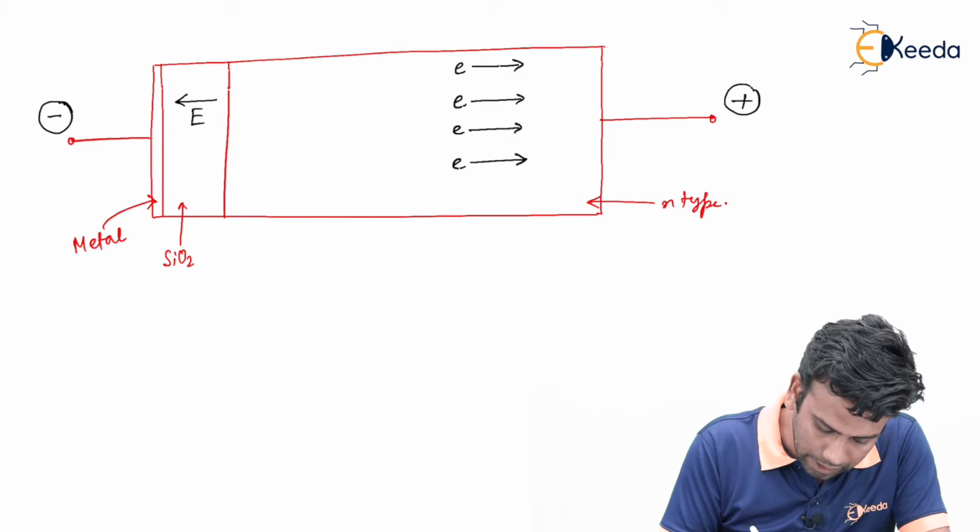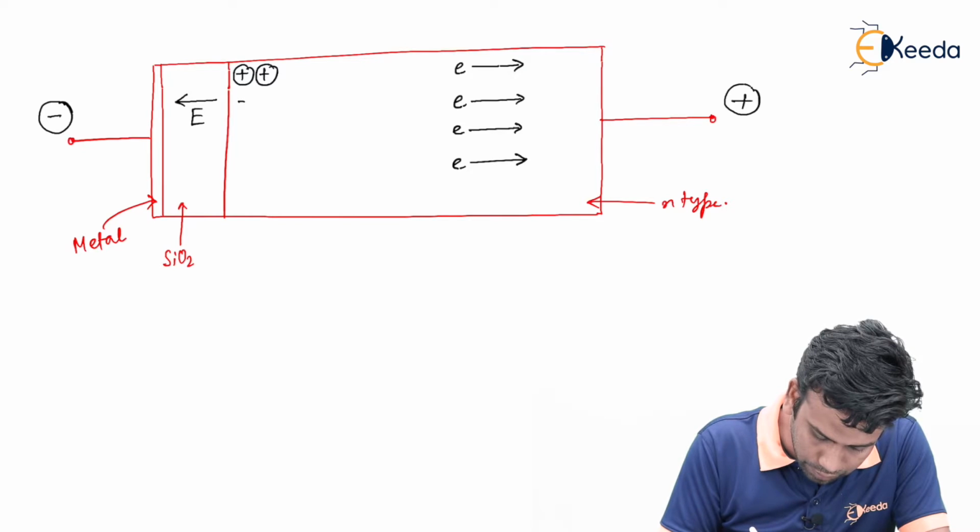That's why some positive donor ions will be left out at the interface.